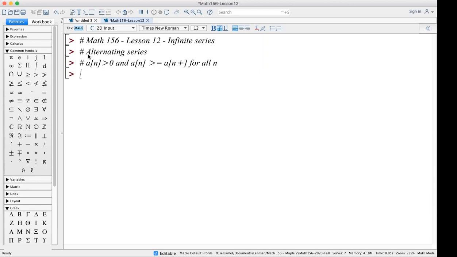And a series looks like the following. Sum, n goes from 1 to infinity, of a_n. But we're not just summing the numbers, they have to alternate in sign. So this is minus 1 raised to the power n minus 1.